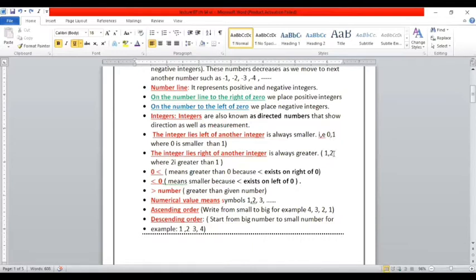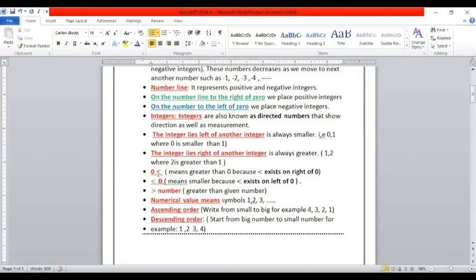Here 1 and 2, 2 is greater than 1 because it is on the right. When we compare the pair 1, 2, we will say that 2 is greater than 1 because of its place on the right.